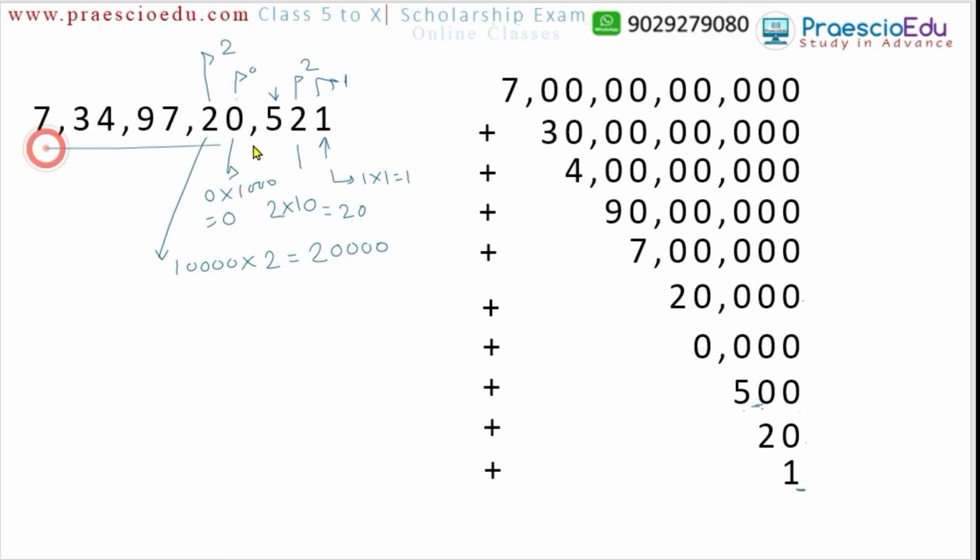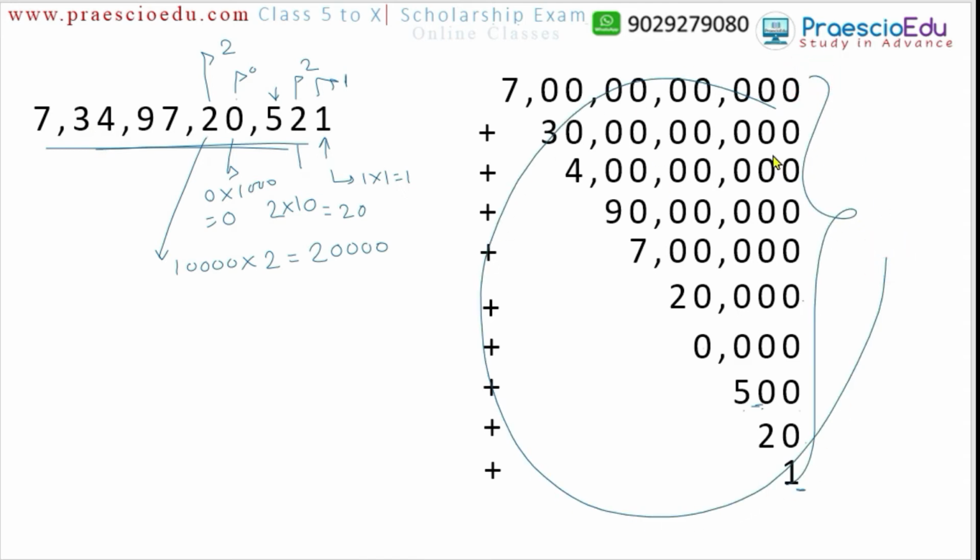Whatever this complete number is written in this format, this is called the expanded format. If you add all these, suppose 000 added to 1, 1 comes, again 000 and 1, sorry, here 2 comes, then 5, then 0 as it is, then 2, then 7, then 9, 4, 3 and 7.